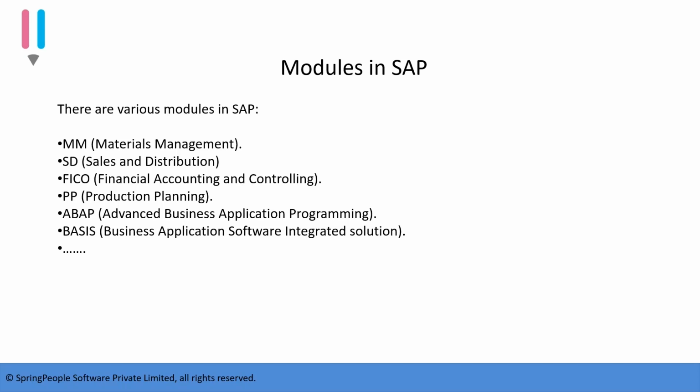Those kinds of solutions or processes are called standard solutions. These standard solutions can be quickly implemented in any organization by doing some standard settings. These standard settings are called configurations.